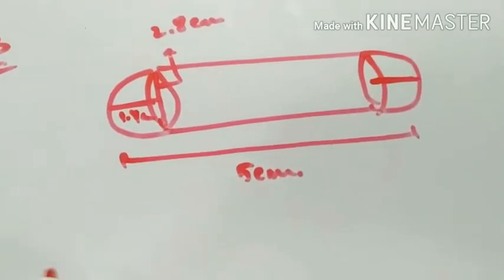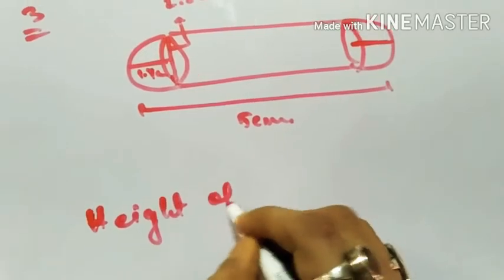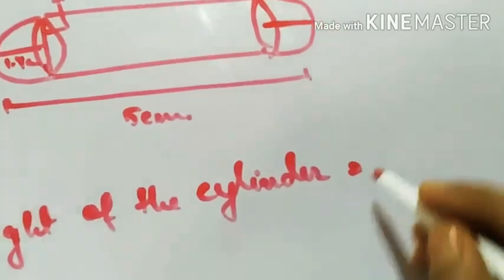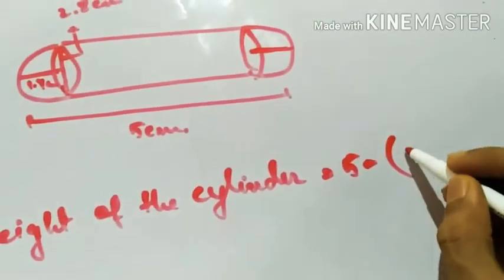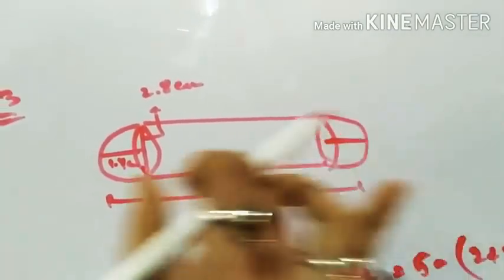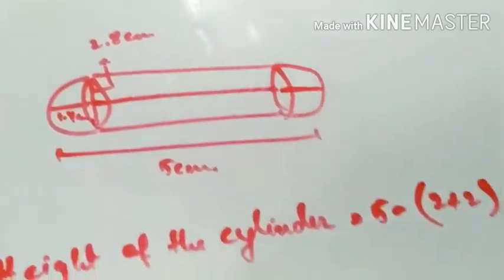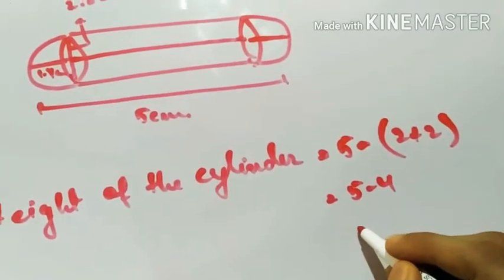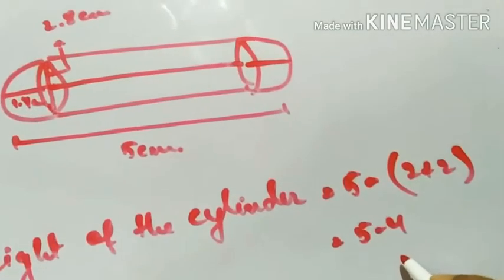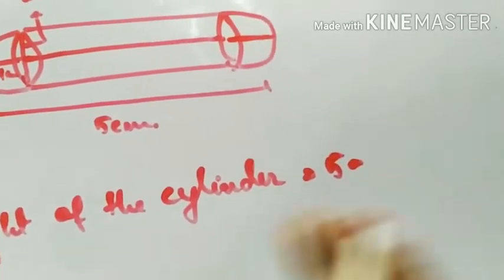So therefore, first of all, I will find the height of the cylinder. The height of the cylinder will be equals to 5 minus 2 plus 2. Oh, sorry, it is not 2.